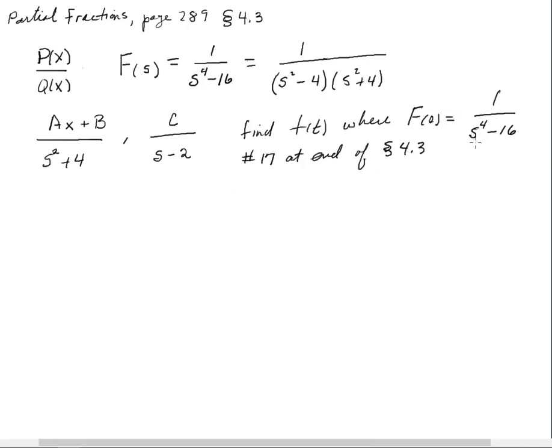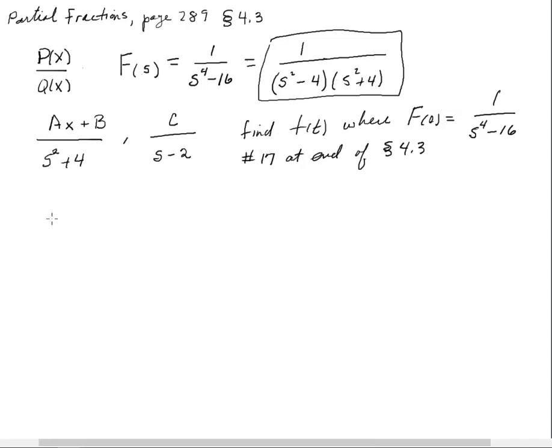Well, I don't recognize 1 over s squared minus 4 as being the Laplace transform of any elementary function. And I consult my table of functions and I don't find it there either. However, I do notice, as we've noticed right here, that I can factor, at least partially, 1 over s squared minus 16 into this ratio where the denominator has an s squared minus 4 and an s squared plus 4.